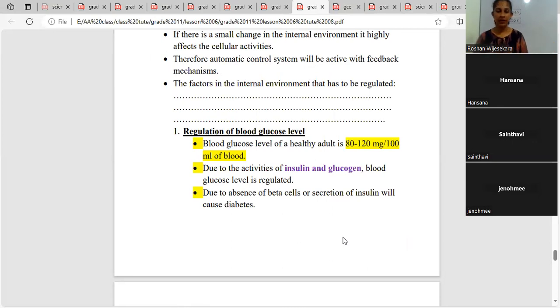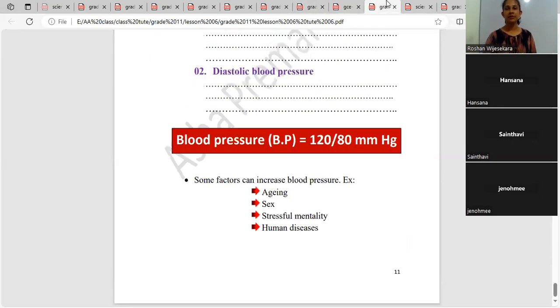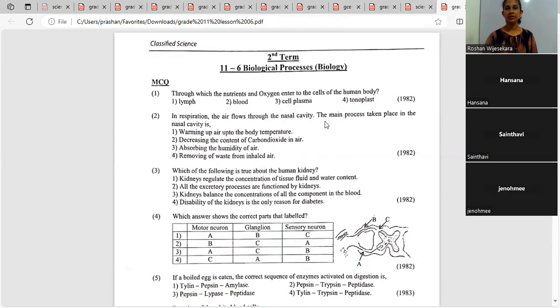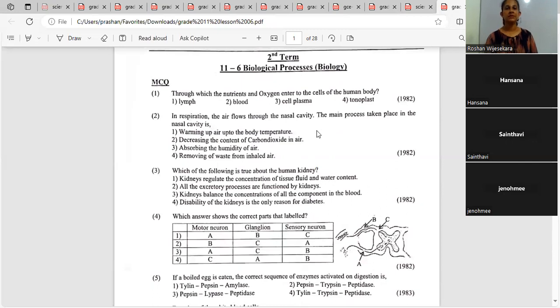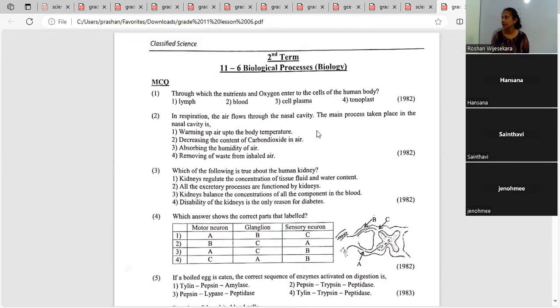Now we are going to discuss past paper questions coming from these systems. Biological processes in the human body, lesson 6.